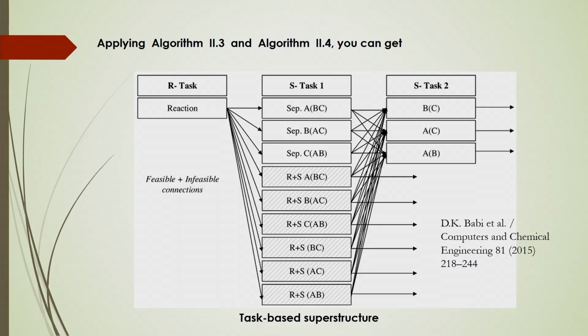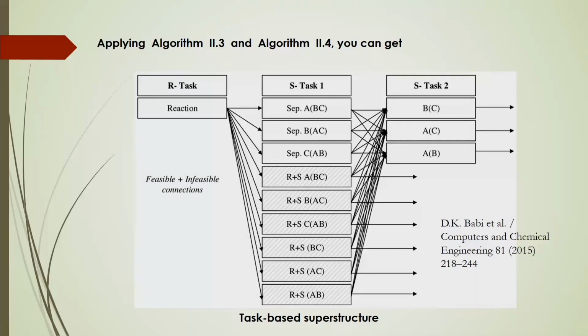If you are considering only separation and reaction separately, then there will be building blocks; reaction plus separation will be another building block, which you can consider as R plus S. And S again has different combinations, like separation of A from the BC mixture, B separated from AC, and C separated from AB, and like only BC may be separated and A totally nullified so it will not come in the byproduct, and also AC may be separated and AB may be separated from that reaction separation mixture.